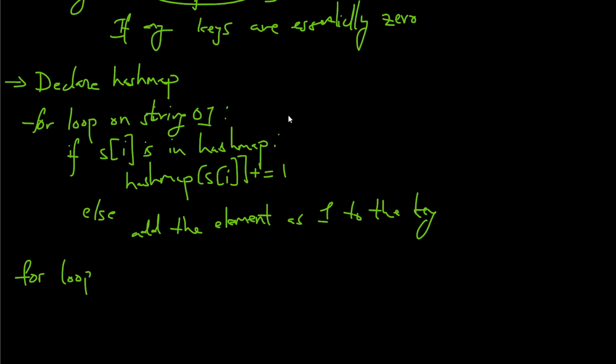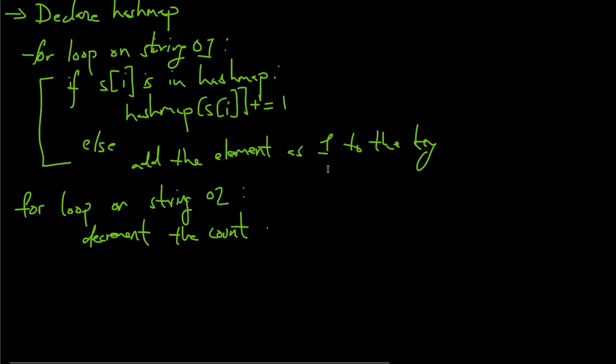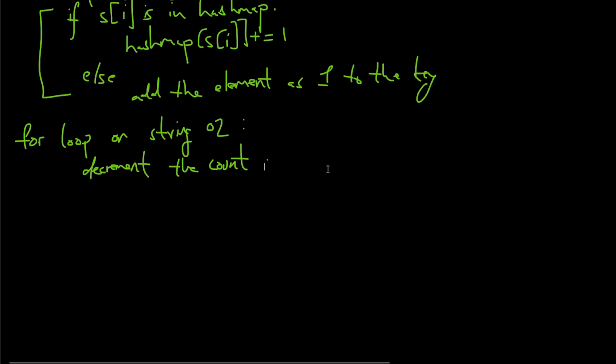So a for loop on string 2, and again you are going to do exactly this same procedure, but you are only going to decrement the count. Now if there are exactly the same number of anagrams, all of your keys should be exhausted to 0 as of now.